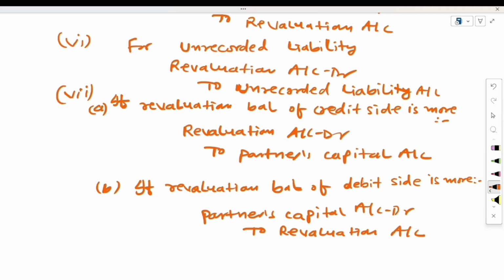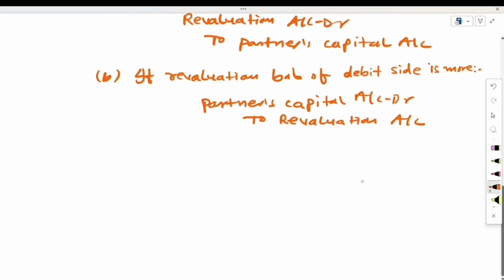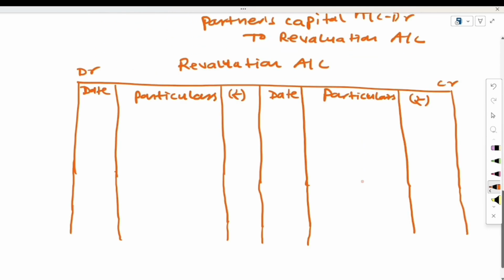Now the ledger part of the revaluation account. The ledger part is also very simple. This is the ledger format of the revaluation account. If you solve it through the ledger book, first, for increase in asset we mentioned asset account debit to revaluation account, so if it is an increase in asset, you will show it here by asset account with whatever amount is mentioned.